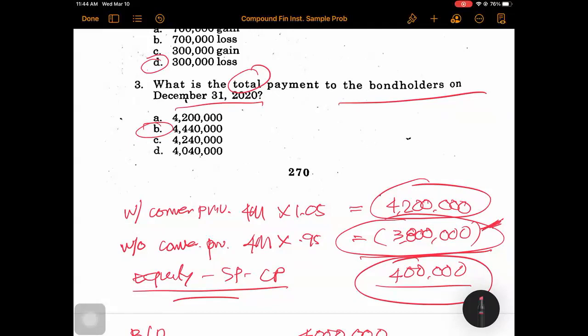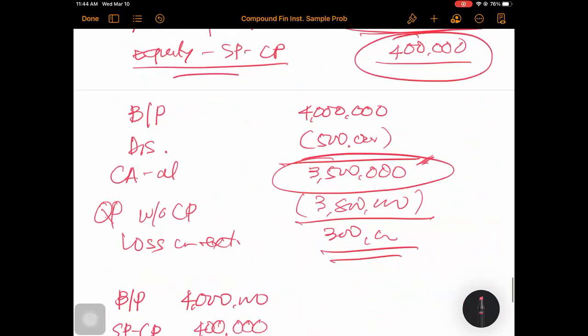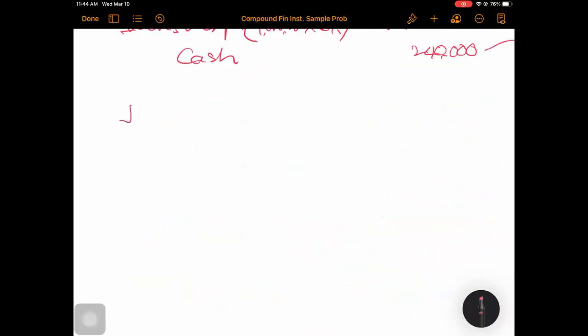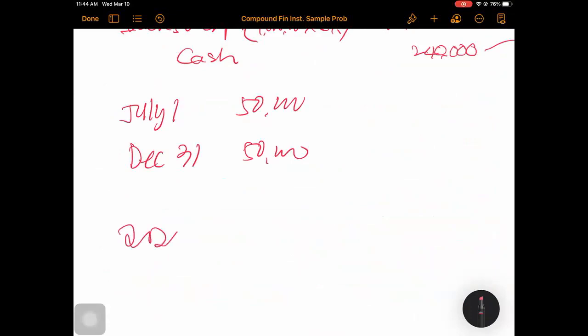So again, from January, because the question is about the whole year, interest expense for the whole year. So from January 1 to December 31. Let's say for example, interest payments on July 1 and December 31, let's say 50,000 each. My question is, what is the interest expense for 2020? This one is from January, since it's semi-annual, to July 1, 2020.